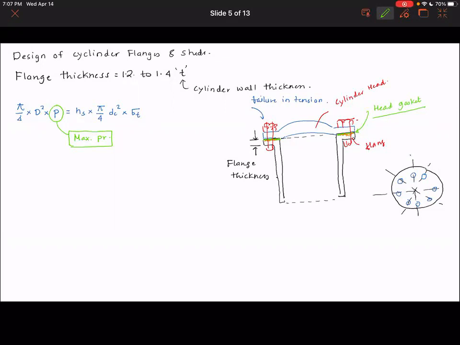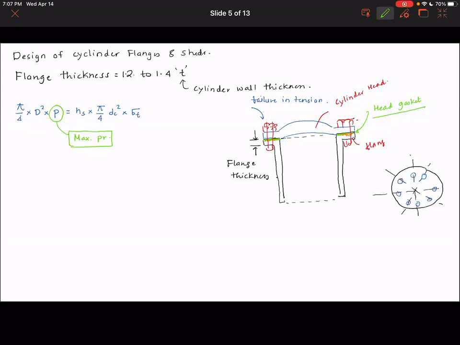So in other words, there will be some torque specifications. There will be some additional requirements to maintain the proper seal between the cylinder head and the cylinder. So to account for all that, we would actually use the maximum gas pressure.